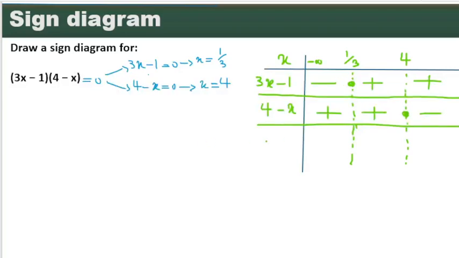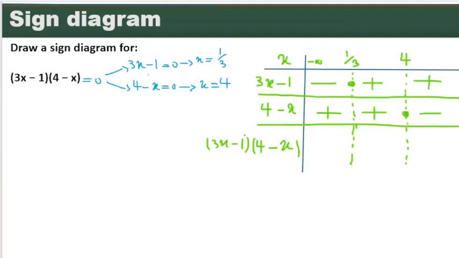Now for the last row, I write the product of these two expressions, which is the original expression for this question: 3x minus 1 times 4 minus x.